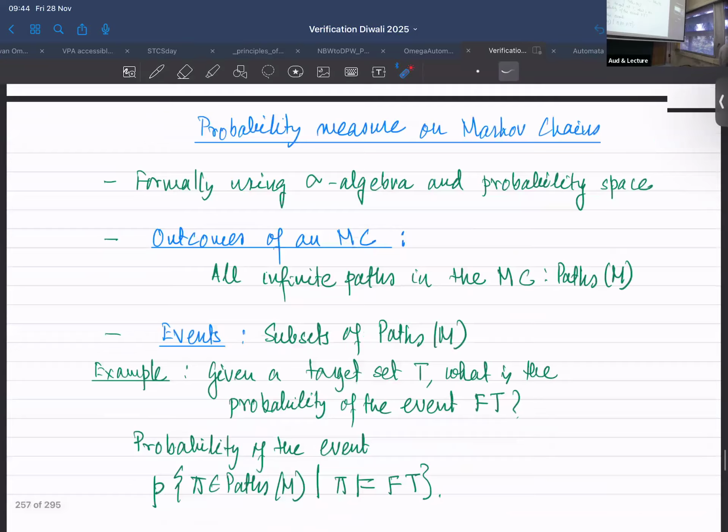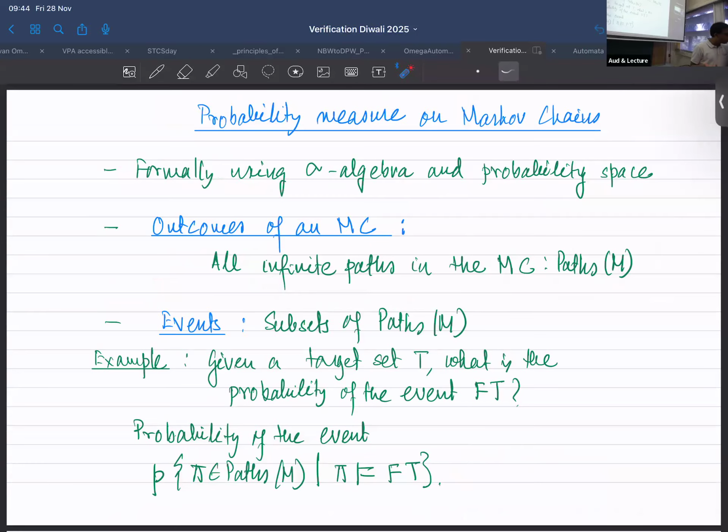Okay. So then we also talked about how you compute the events in a Markov chain, right? If you talk about the probability space, like a sigma algebra, you have these outcomes, and then you have some subsets of those outcomes.